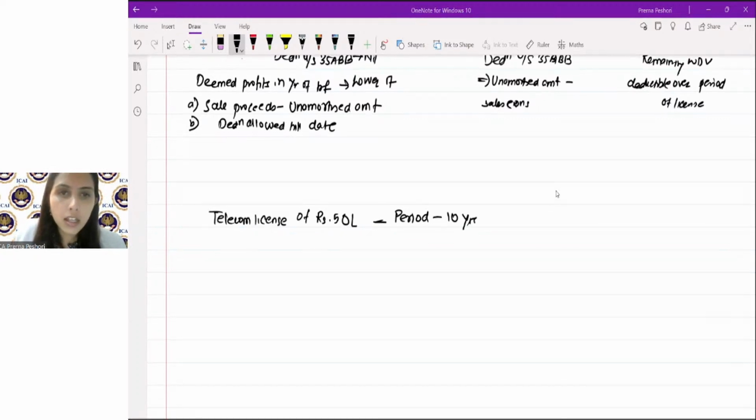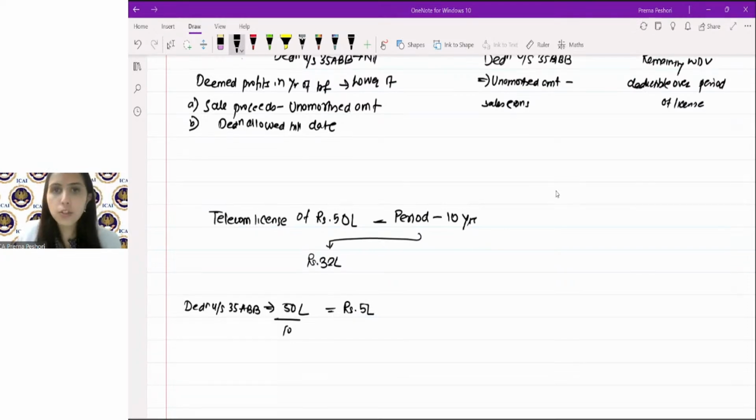Now let's say it is transferred for 32 lakhs. In the first case, consider that the whole license is transferred. So the deduction under 35ABB will be 50 lakhs divided by 10 years, which is rupees 5 lakh. Now this transfer has been made after 2 years, right? The transfer has been made in the third year.